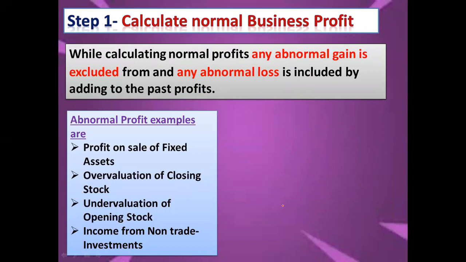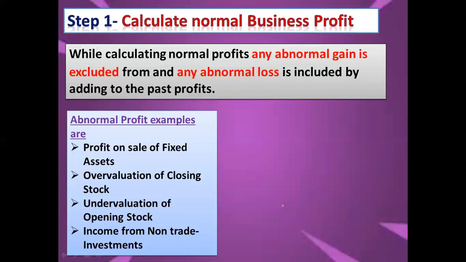Undervaluation of opening stock: if you have valued the opening stock less than its value, that is called undervaluation. And overvaluation means when you value the closing stock more than its actual value. Then income from non-trade investment, because non-trade investments are not the operation of the business.